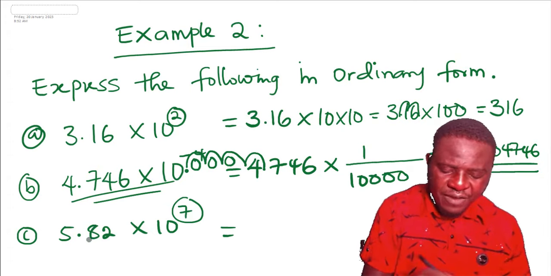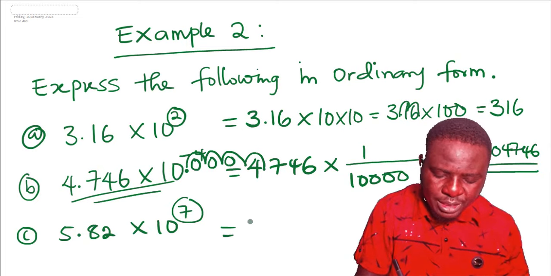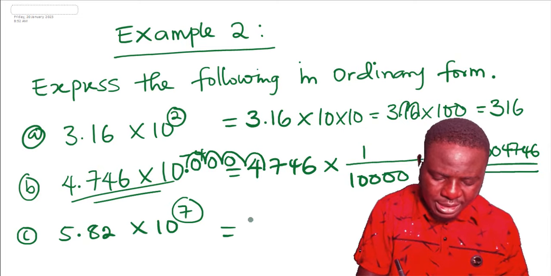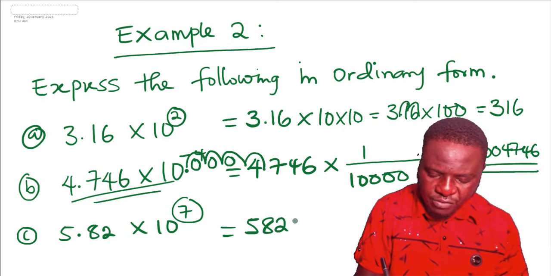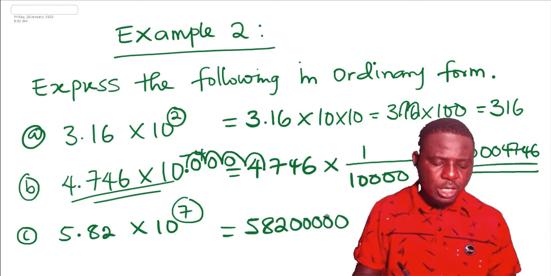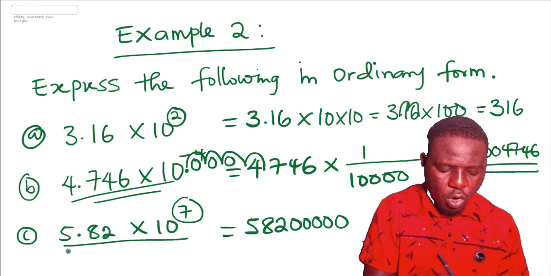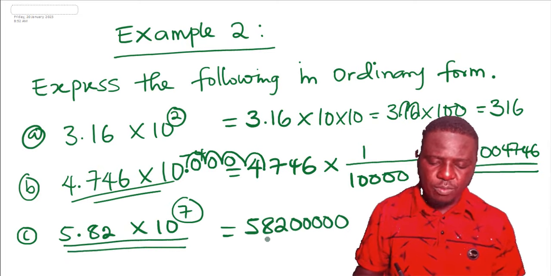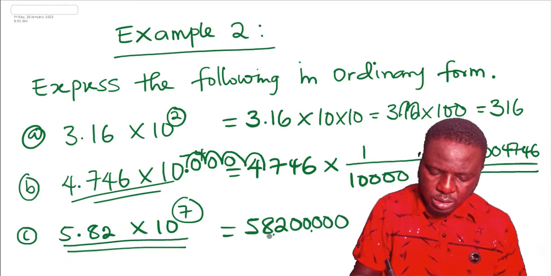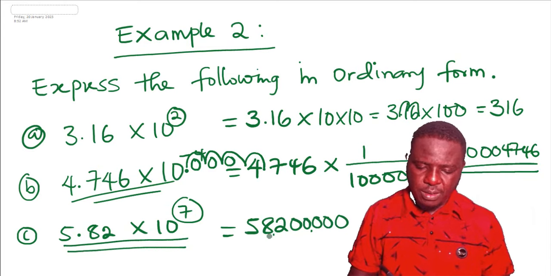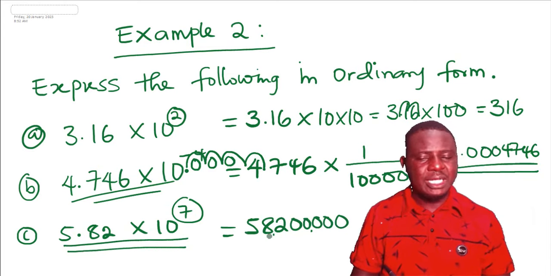So I'm going to add 5 zeros to this, and that gives me my number, that is 5, 8, 2 with 5 zeros, 1, 2, 3, 4, 5, which is the expression of this standard form in ordinary form. So this becomes 58,200,000.